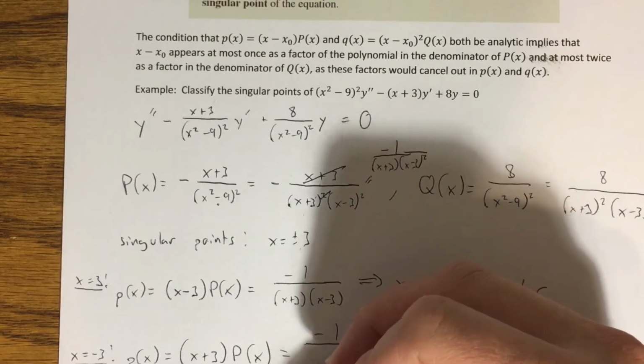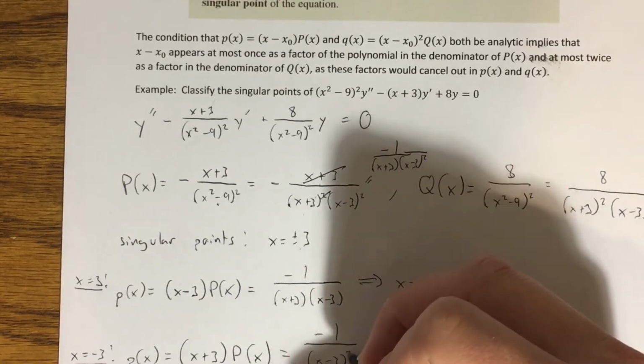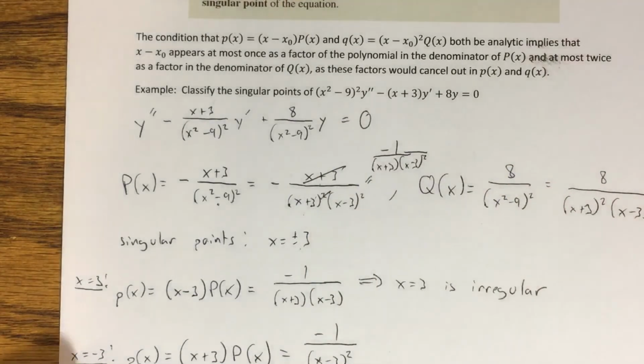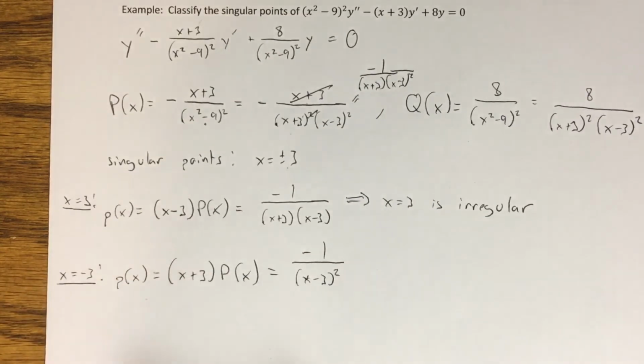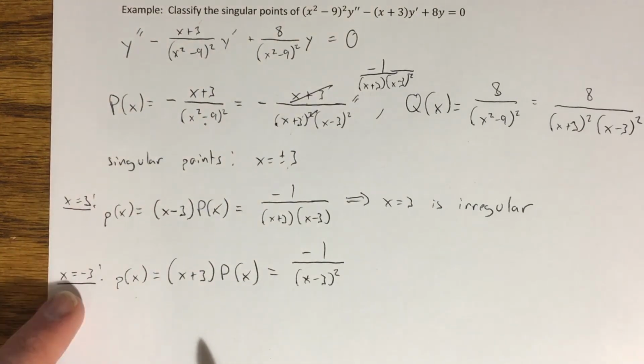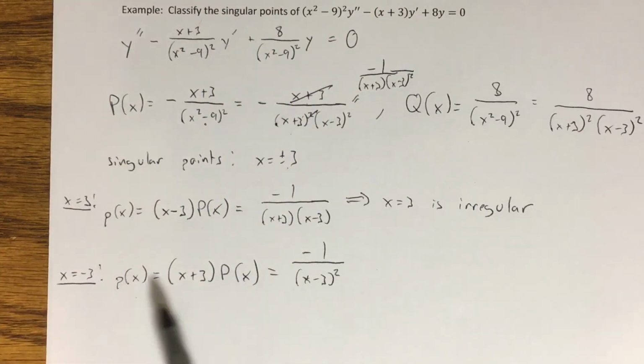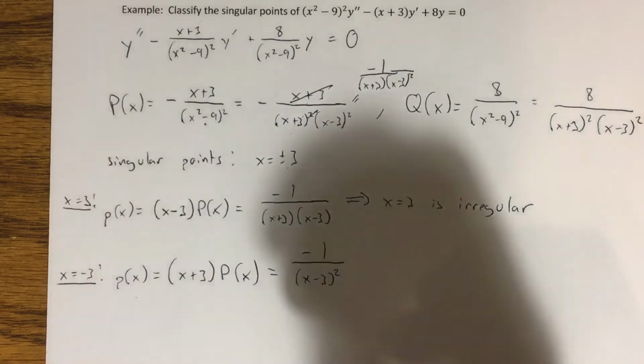I get negative 1 over x minus 3 squared. Now negative 3, when substituted into this expression, is defined. And so negative 3 does belong to the domain of little p of x, which, again, for rational functions, implies that the function little p of x is analytic at that point.